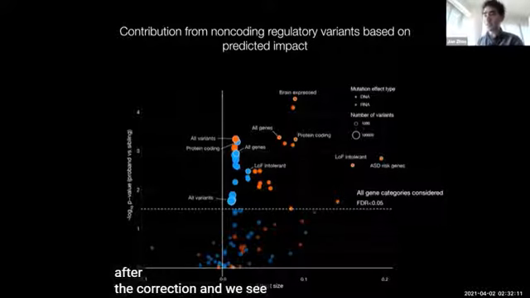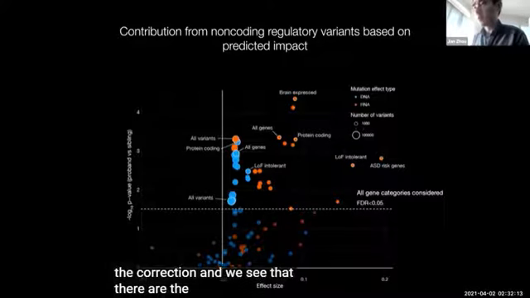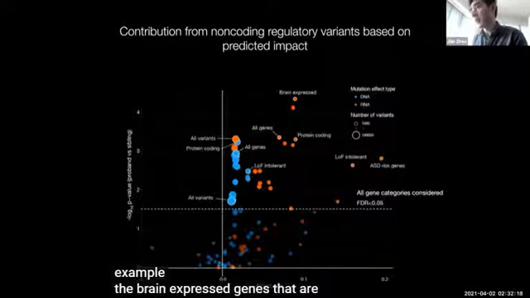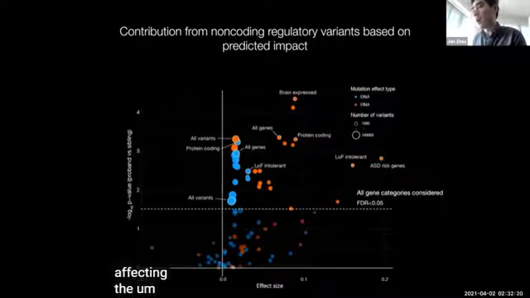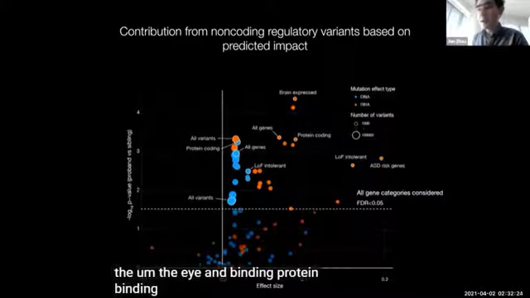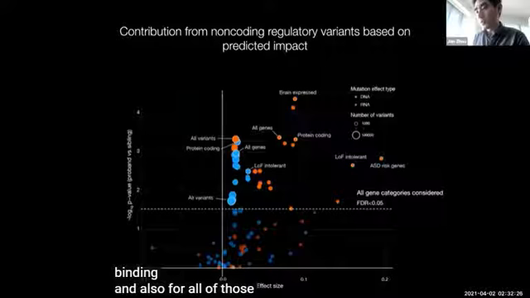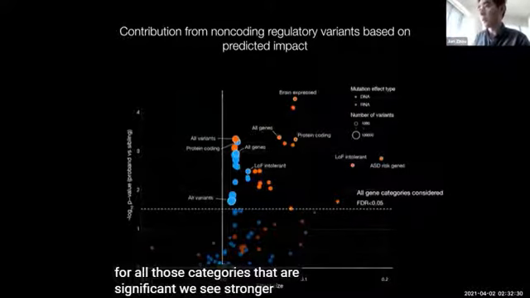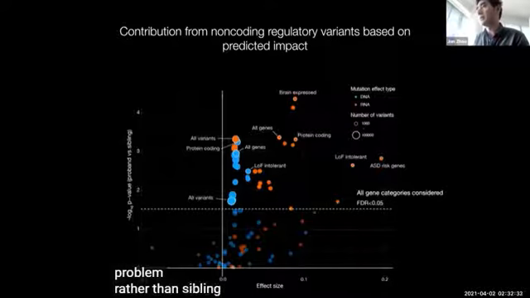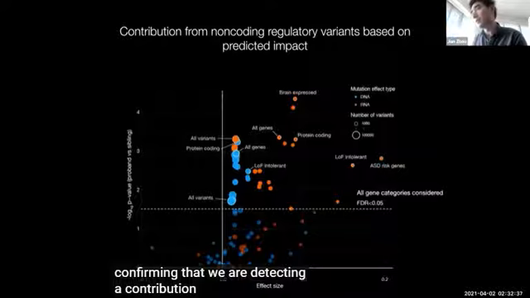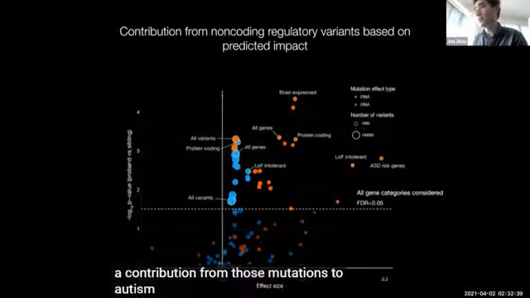And we see that the strongest ones are, for example, the brain expressed genes that are affecting the RNA binding protein binding. And for all those categories that are significant, we see stronger effect in proband rather than sibling, which is also confirming that we are detecting a contribution from those mutations to autism.